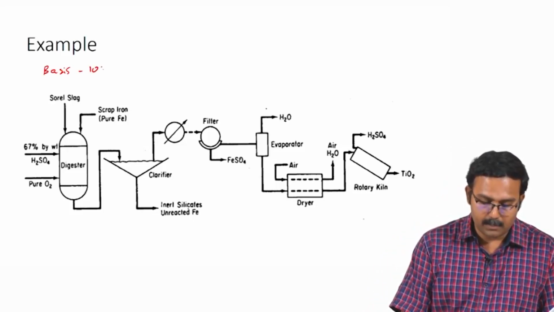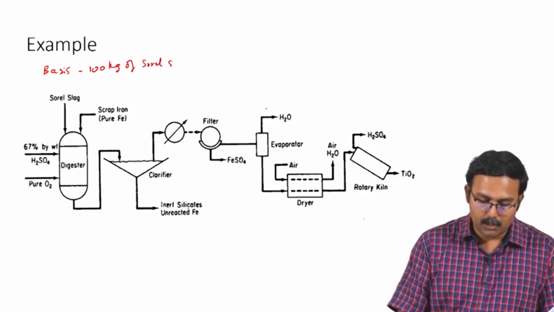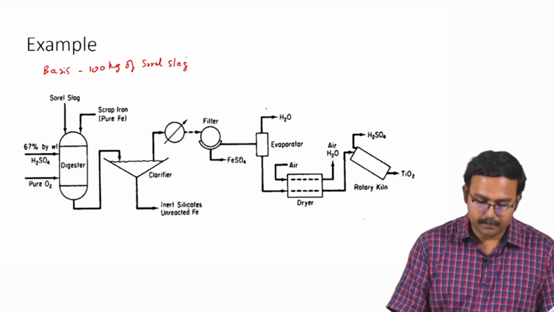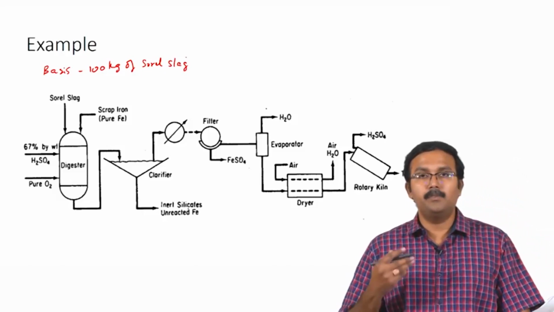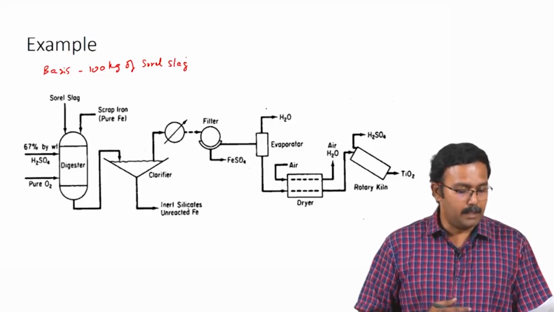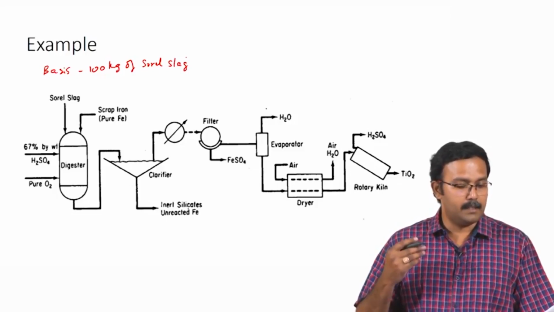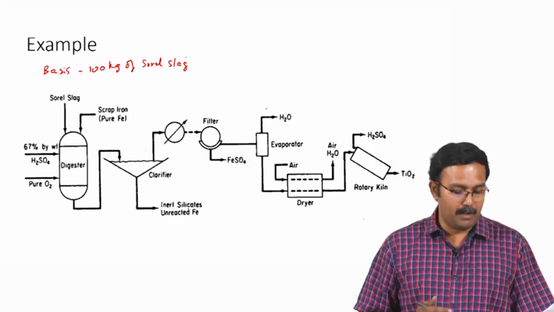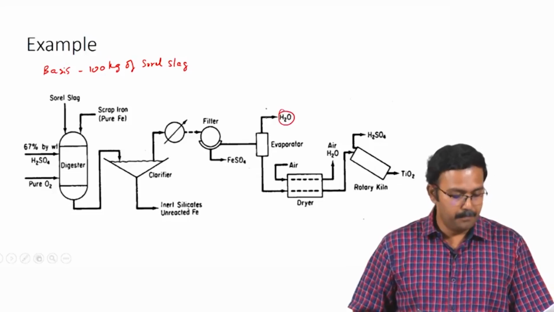So, the basis is 100 kilograms of sorrel slag. Now, looking at what we need to calculate, we need the kilograms of water removed from the evaporator, which is this stream.